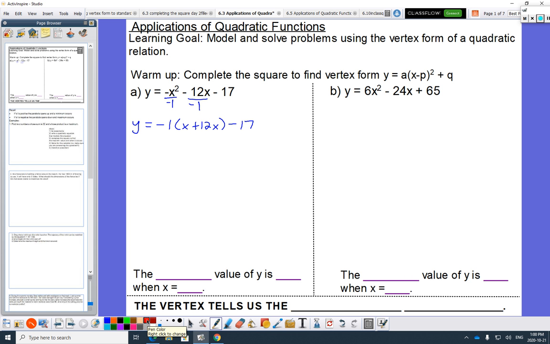Okay, so now we have what our b is. Same thing, half b squared.